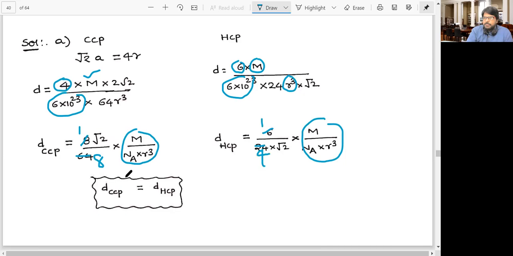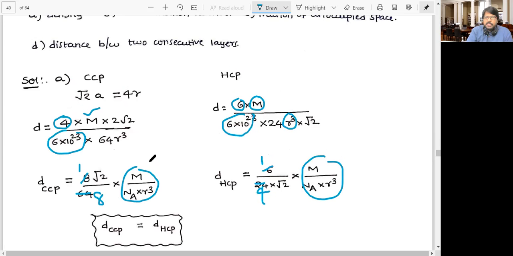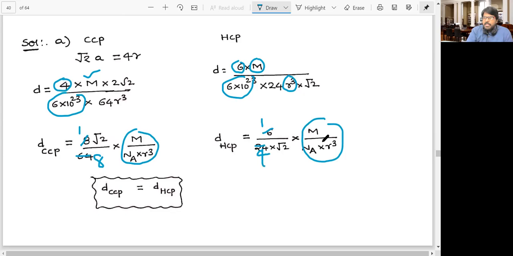Root 2 by 8, and this is also root 2 by 8. So density of CCP and density of HCP are the same if the radius is the same. If the radius is different, definitely the values will be different, because r plays a role here, and definitely the radius is same, so density is same. So the first option is correct.